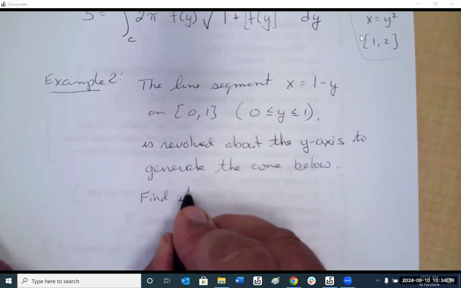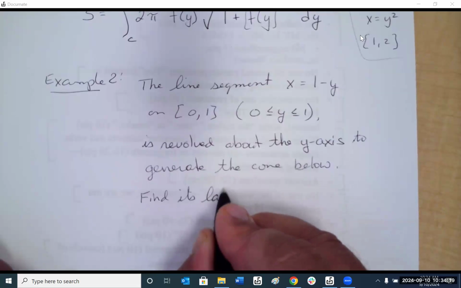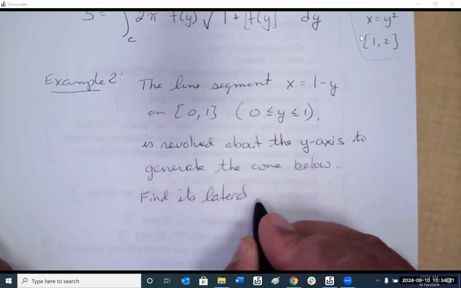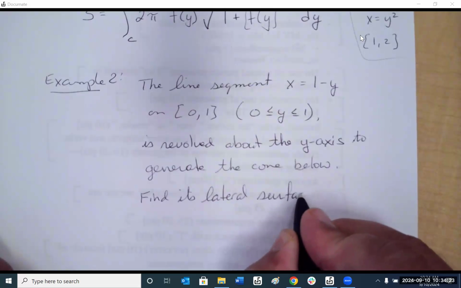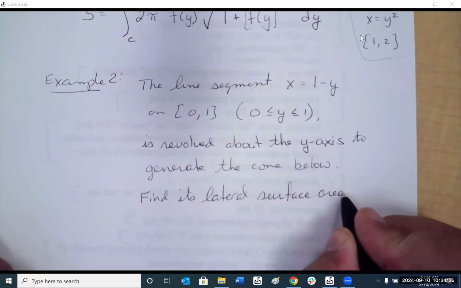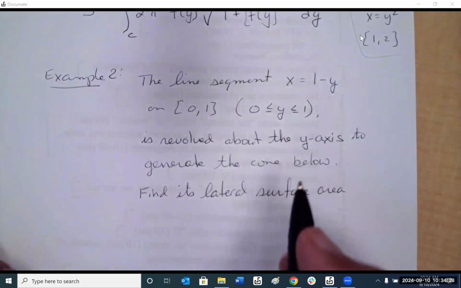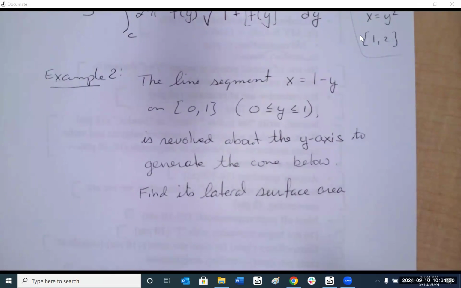Find its lateral surface area, which excludes the base.